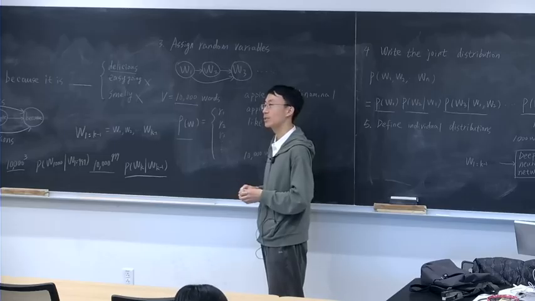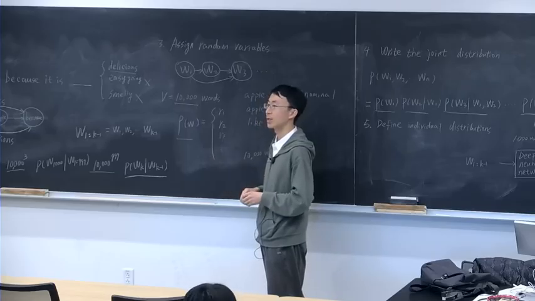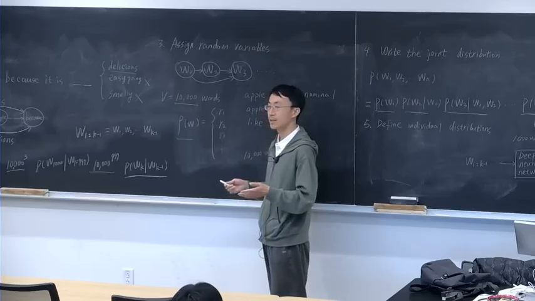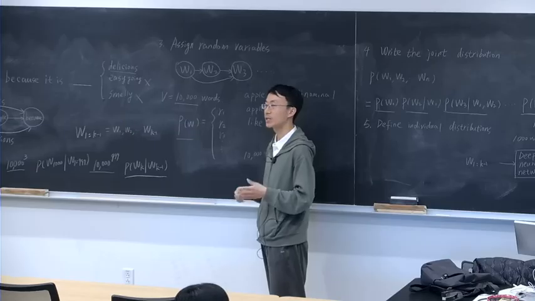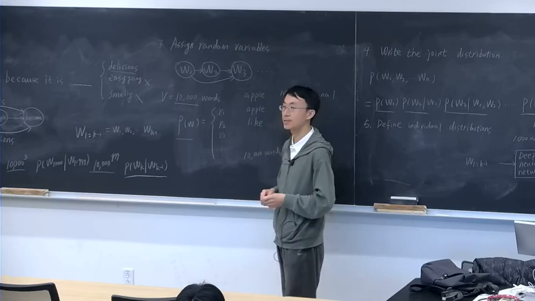Actually, the generated text was very bad. Then researchers kept increasing the size of the model. And when the size of the model reached a huge scale, suddenly something very magical happened. That is what we have for large language models nowadays.